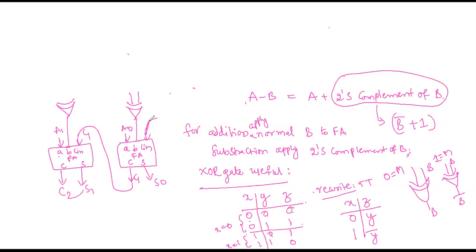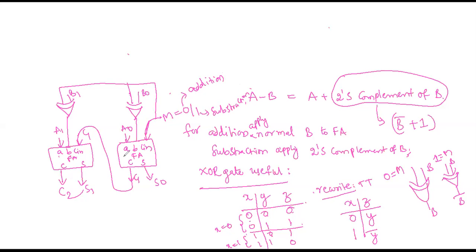I am applying the controlling input M. This is B0, this is B1. If M is equal to 0, the same circuit will perform addition. If M is equal to 1, it will perform subtraction.